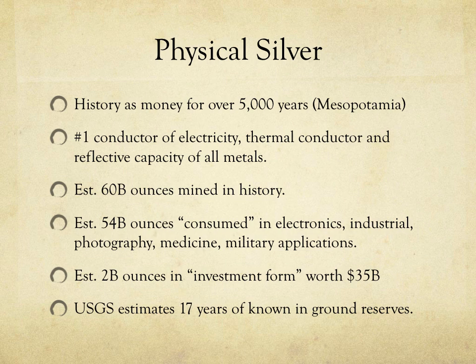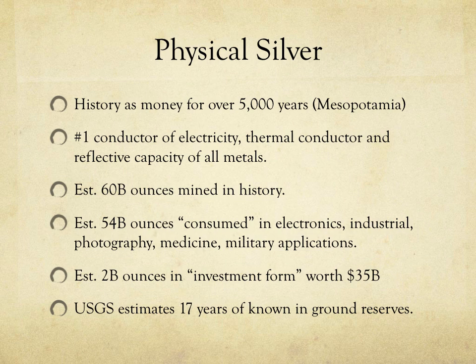And the U.S. Geological Survey estimates there is only 17 years of in-ground reserves of silver in the world. Now, that number has stayed at 17 years for quite a few years. So, yes, they are finding more silver, and according to the USGS, they find as much silver as is pulled out of the ground every year, about 800 million ounces.